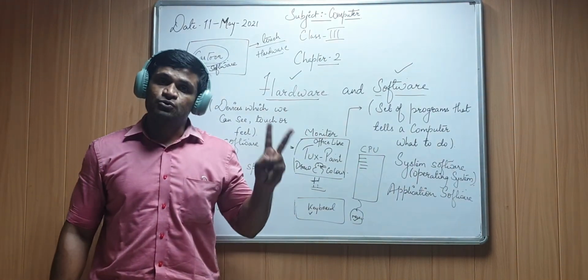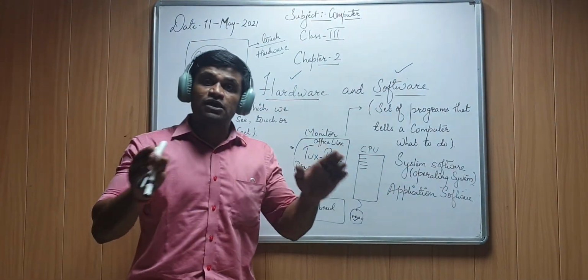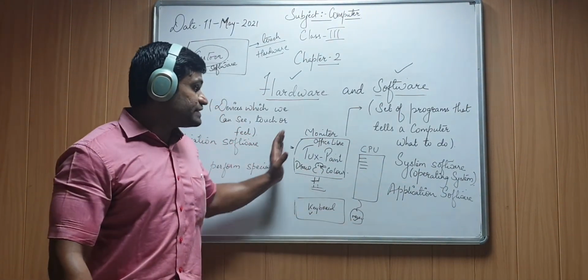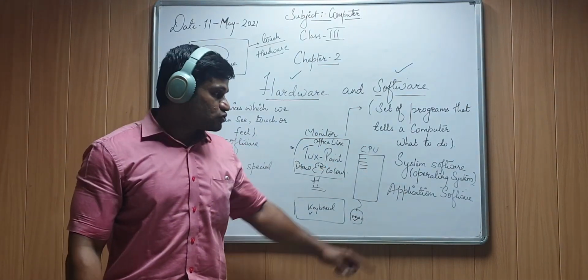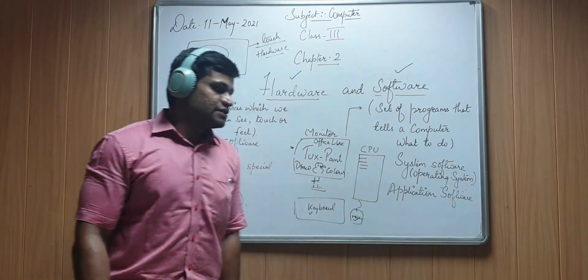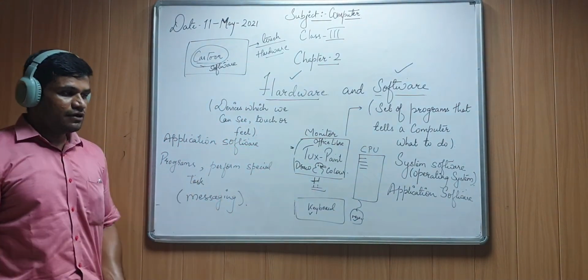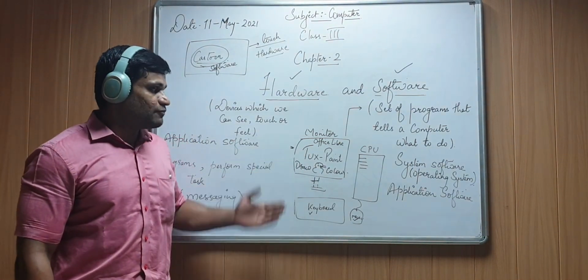Software is divided into two categories. The first is system software, which completely controls the computer, which controls each and every work of the computer, also known as operating system. Second, application software, which is designed for doing special or different tasks. I had discussed some of the examples.